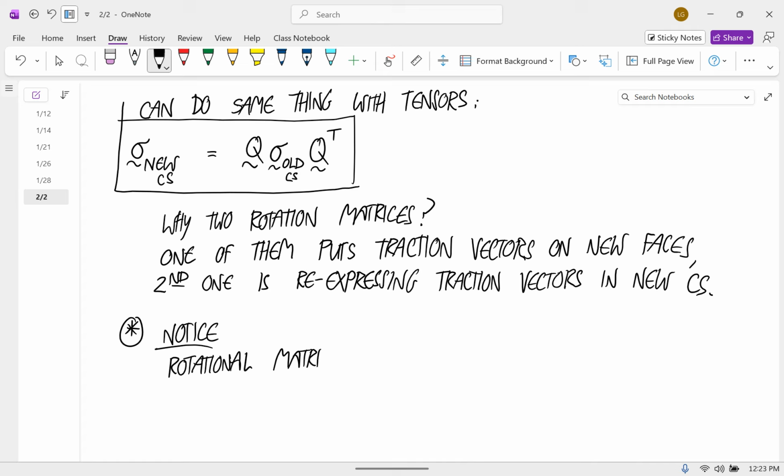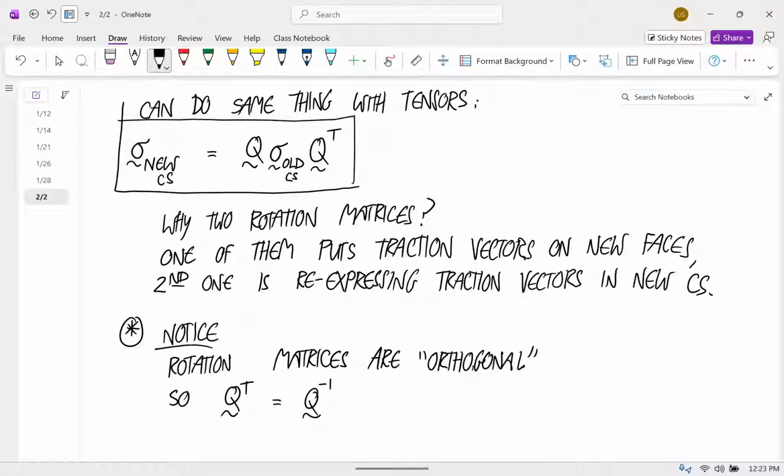So rotation matrices are orthogonal. That means that the transpose is the inverse. So really that Q transpose is functioning as an inverse.